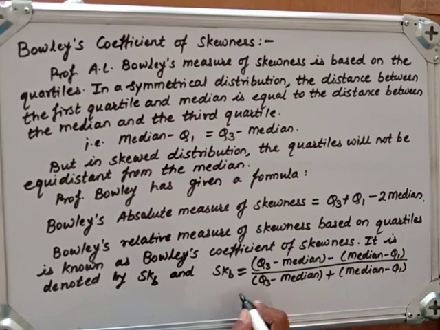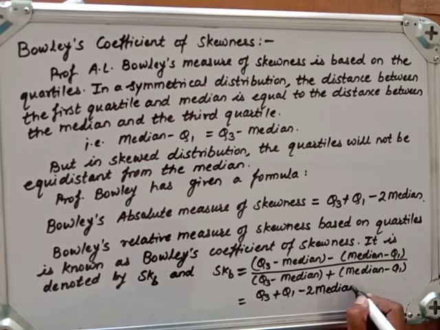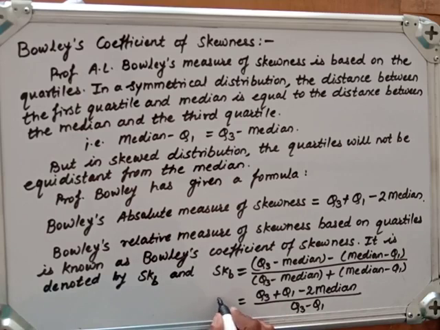That is equivalent to Q3 plus Q1, the absolute measure at the numerator, minus 2 times median. In the denominator the median gets cancelled, so it will be Q3 minus Q1, the difference between the third quartile and the first quartile. As such we get the result of SKB or Bowley's coefficient of skewness.